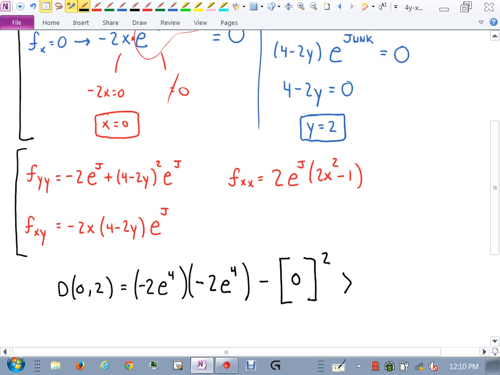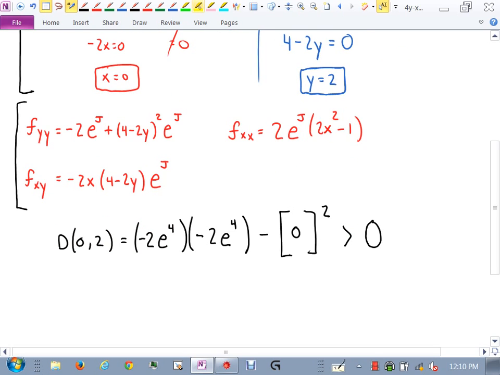This d, when I compute it, I don't care about the numerical value. I can tell by looking at it, it's positive, right? Negative number times a negative number is positive. This is greater than 0. If it's greater than 0, I either have a local max or a local min. To figure it out, I just need to look at the fxx part. And that was what? Negative.